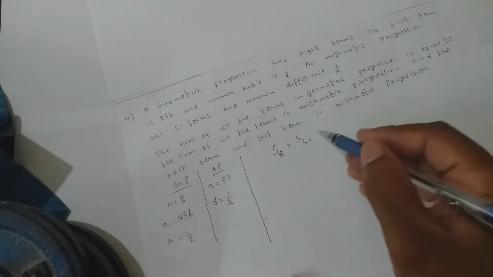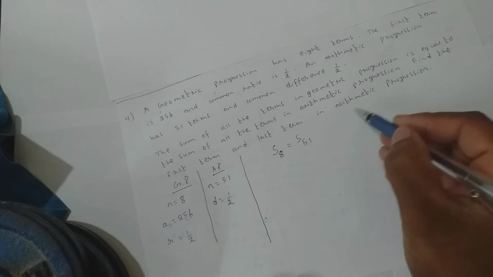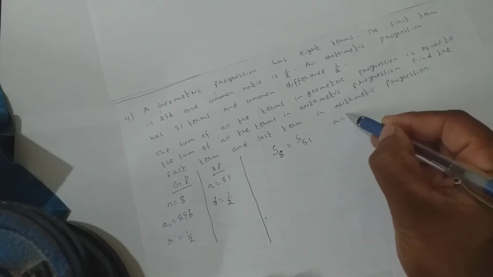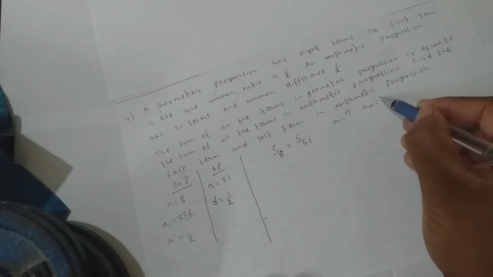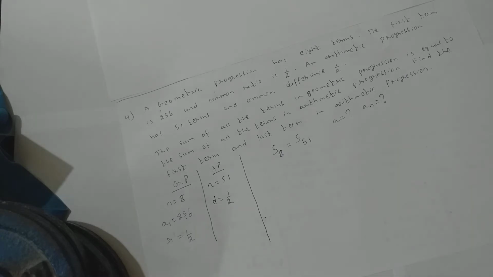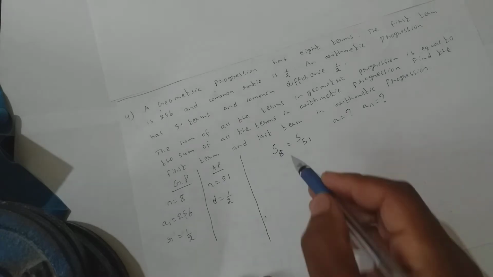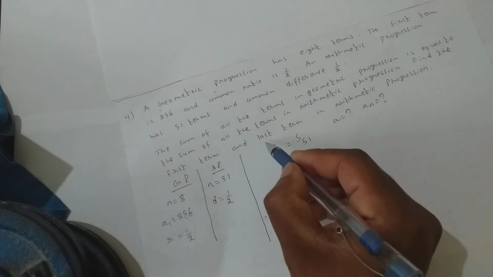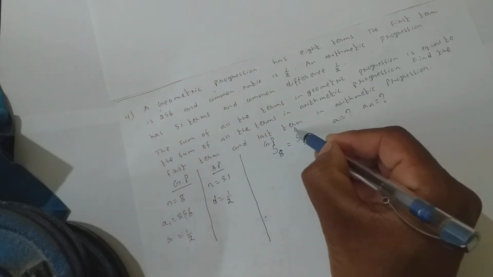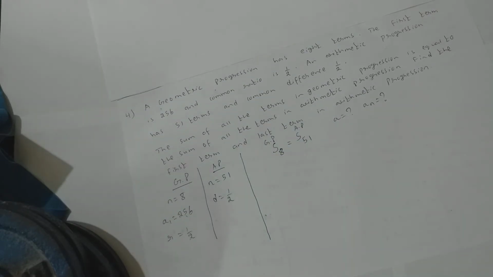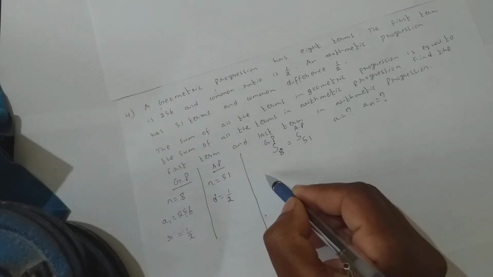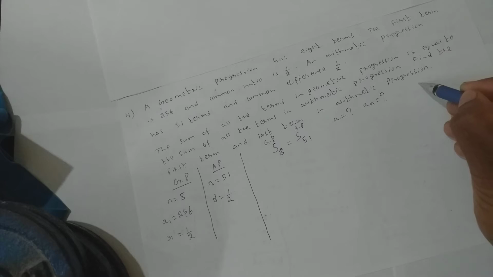Now find the first term and last term in the arithmetic progression. So A equal to how much in the AP, and also An equal to how much, is what he is asking. And what is given to me? This one. So let us apply the formula to them. S8 is nothing but, shall I write the formula again for GP?